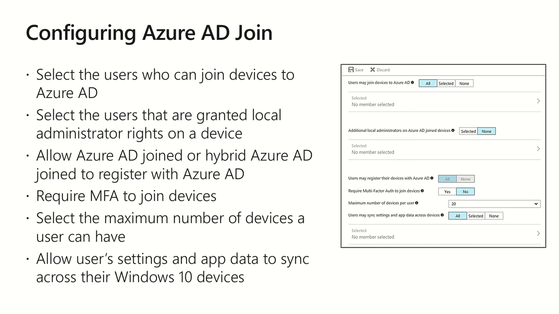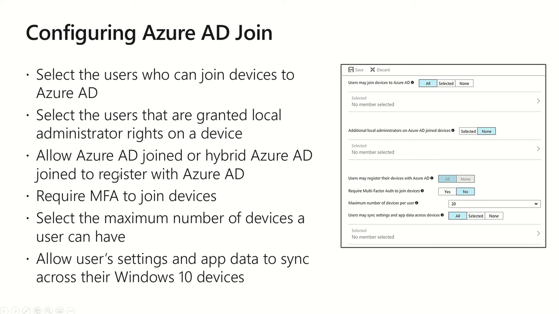The second one, additional local administrators on Azure AD joined devices: you can select the users that are granted local administrator rights on the device. Users added here are added to the device administrator role in Azure AD. Global admins in Azure AD and device owners are granted local admin rights by default. This option is a premium capability available through products like Azure AD Premium P1, P2, or the EMS, Enterprise Mobility Suite.